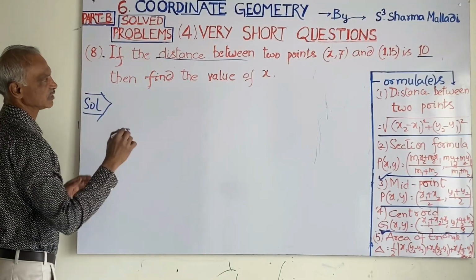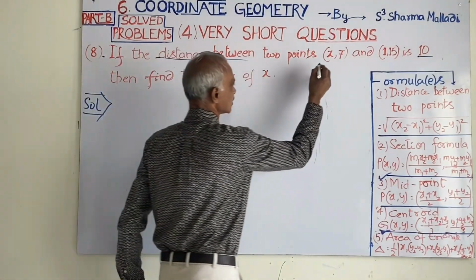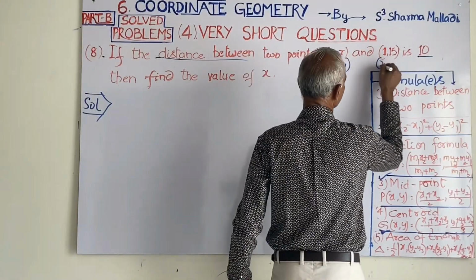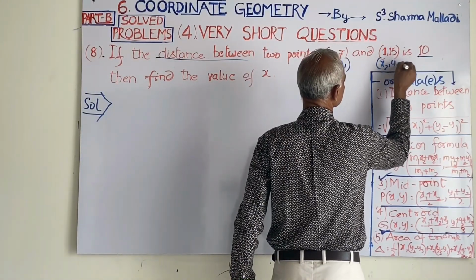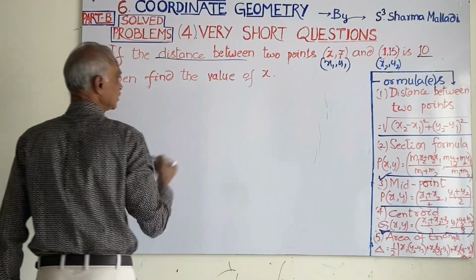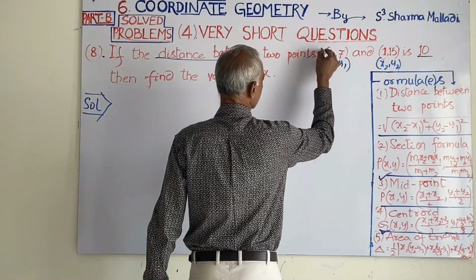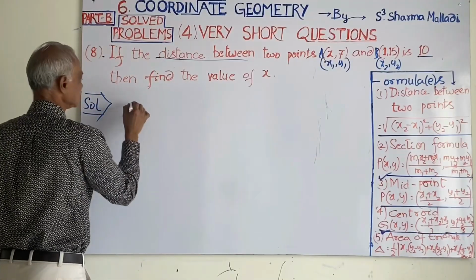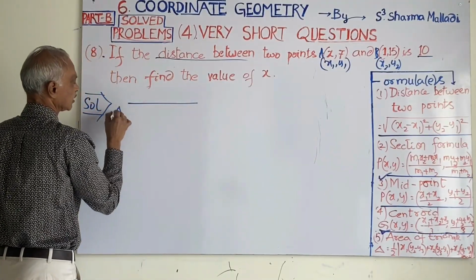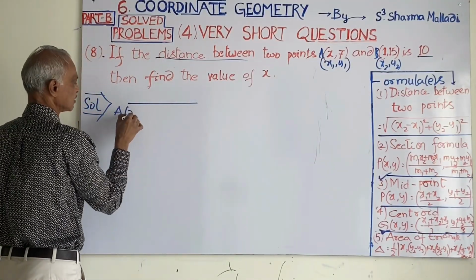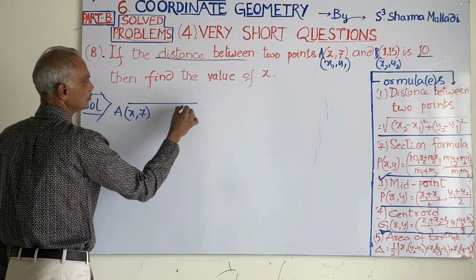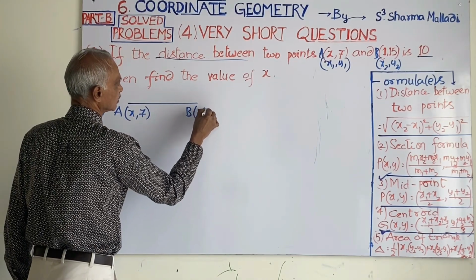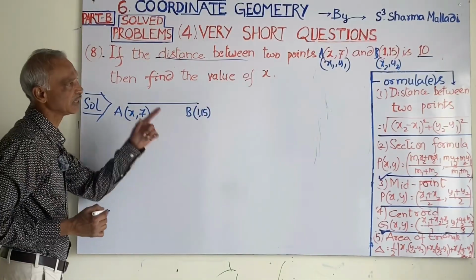If the distance between 2 points, this is x1, y1 and this is x2, y2. You take this as A and this is B. What is the distance between 2 points A (x, 7) and B (1, 15)?